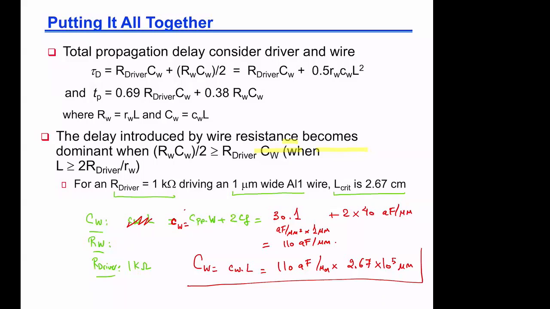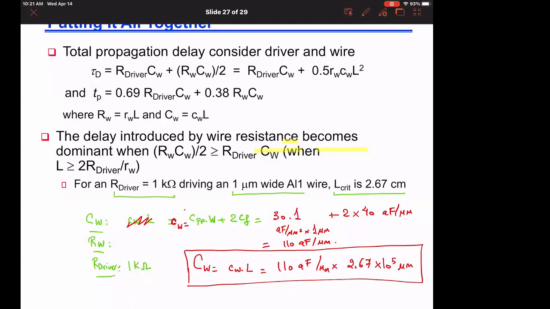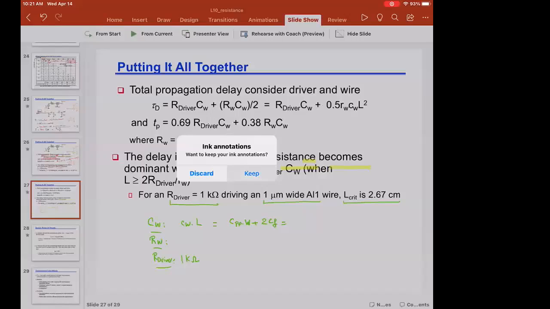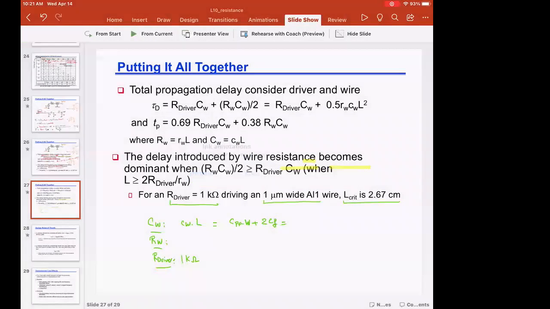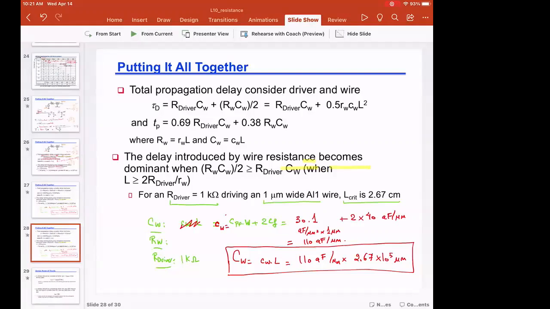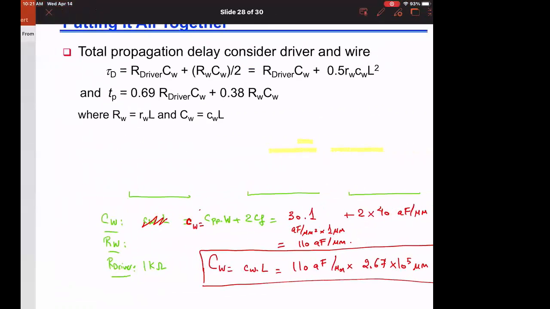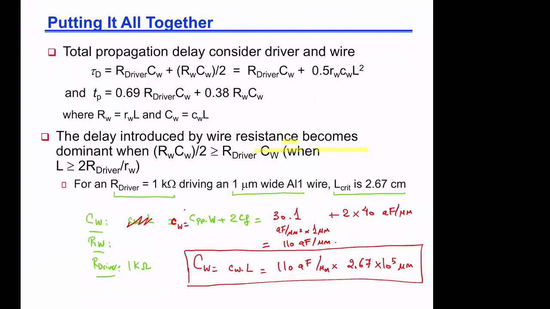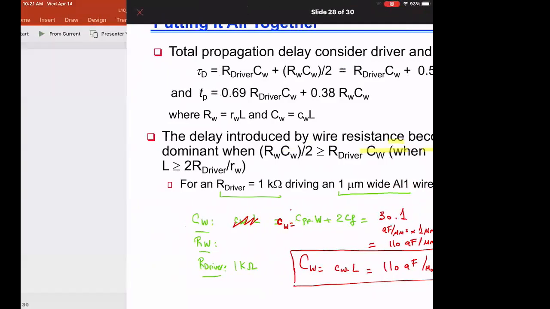This is the capacitance for my wire. Okay, so let us see how we can now solve for the other quantities. I have solved for the wire capacitance.